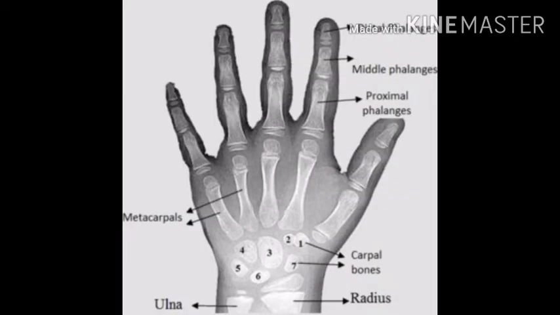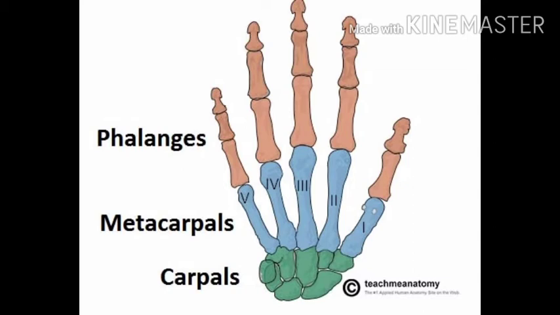These are carpal bones of wrist, 8 in number, arranged 4 in 2 rows. These are metacarpal bones of palm, number 5.